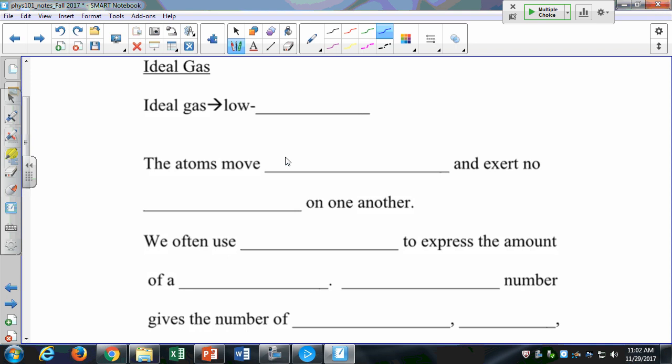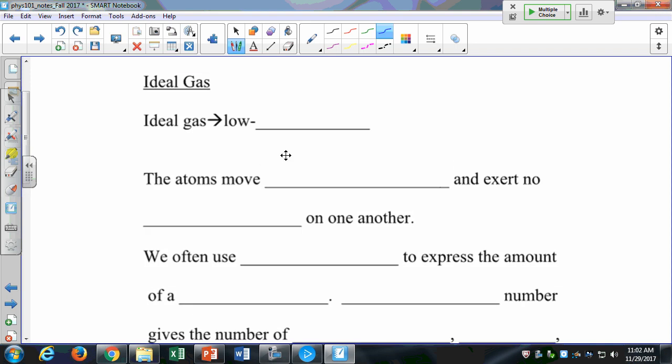Okay, thank you. So the last thing we'll see is the ideal gas law. You've seen the ideal gas law? I know you have, but just one last time. The ideal gas law applies to ideal gases, which have a low density. Most gases have a low density.